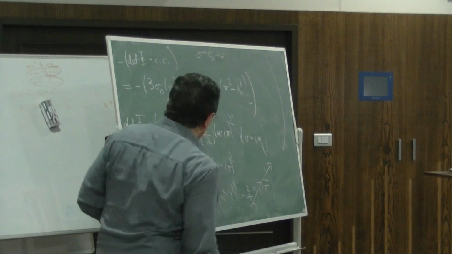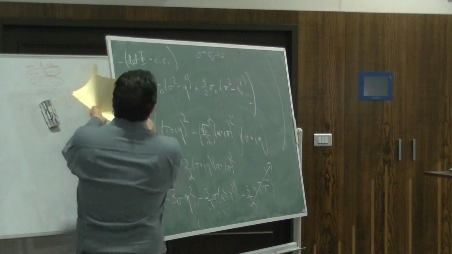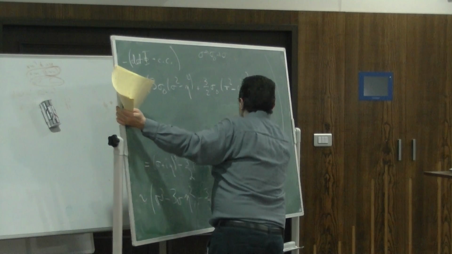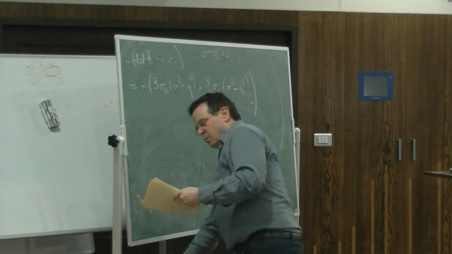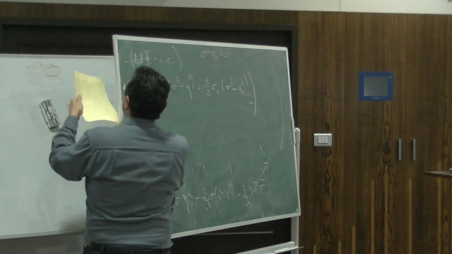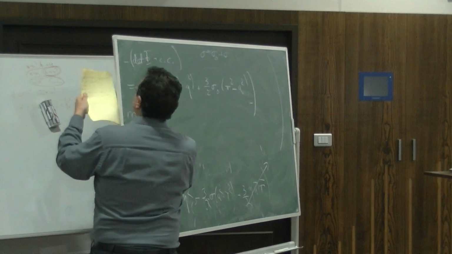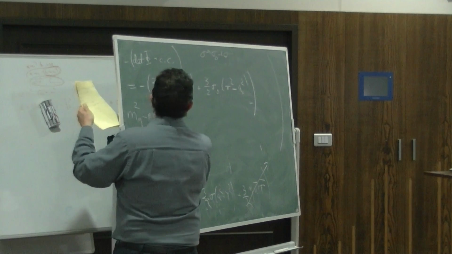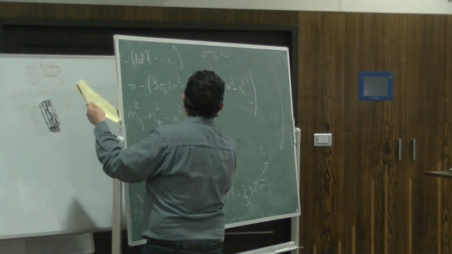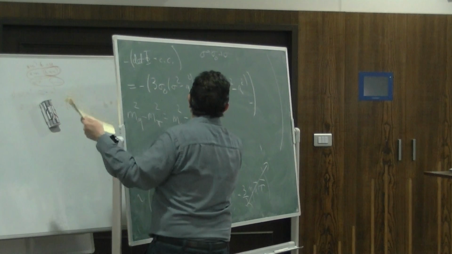Okay. I think that follows from there. And again, what I asked you to show is the relationship that the mass squared of the eta minus the mass squared of the pion is equal to the mass squared of the A naught minus the mass squared of the sigma.